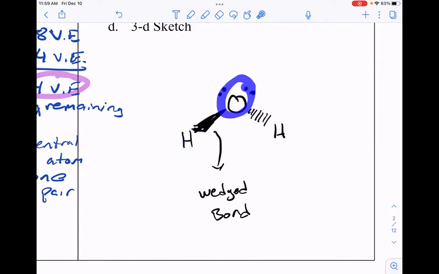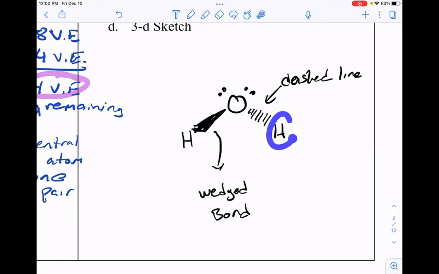So it's in front of the central atom. And then this line, so it's a dash line, basically means that this hydrogen is behind oxygen. It's furthest, this hydrogen is furthest back.